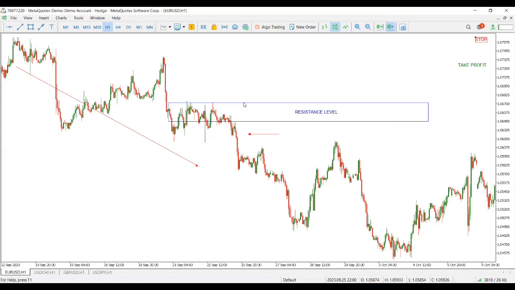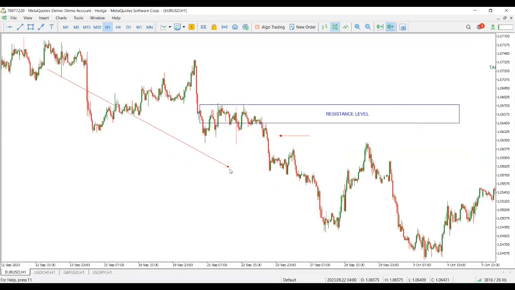So now, the first criteria for a bearish market, it must form at a resistance level. Then the second criteria is that it must be in the direction of the major market movement, the trend. That's why you see I drew this arrow.